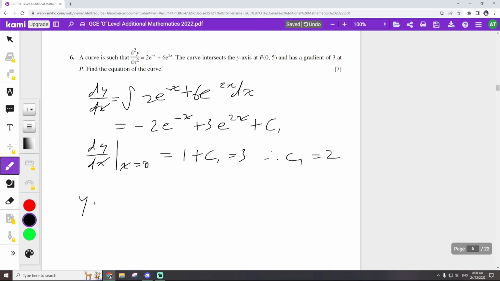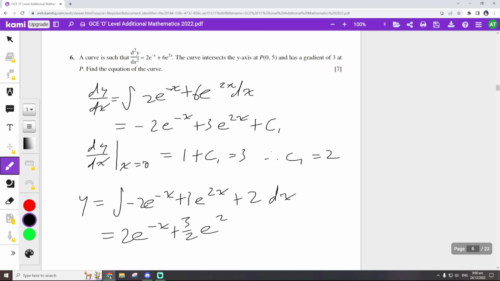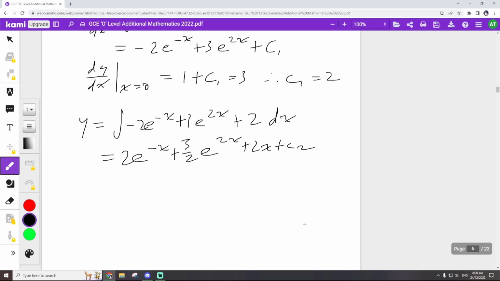So now we will find y, which is the integral of minus 2e^(-x) plus 3e^(2x) plus 2 dx, which is 2e^(-x) plus 3 over 2 e^(2x) plus 2x plus c2. Okay?